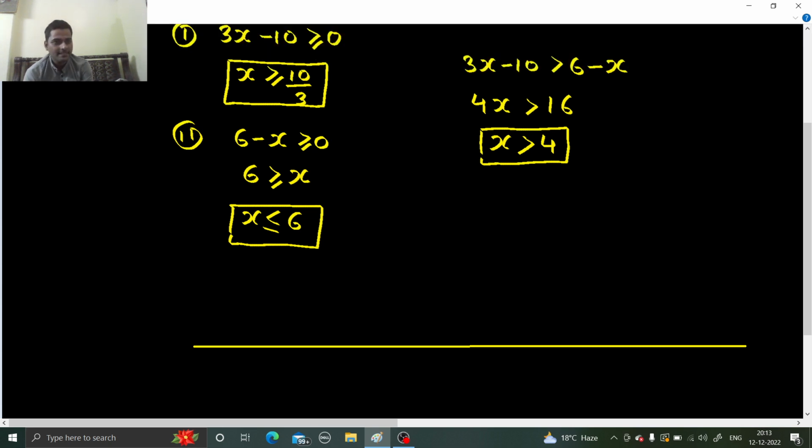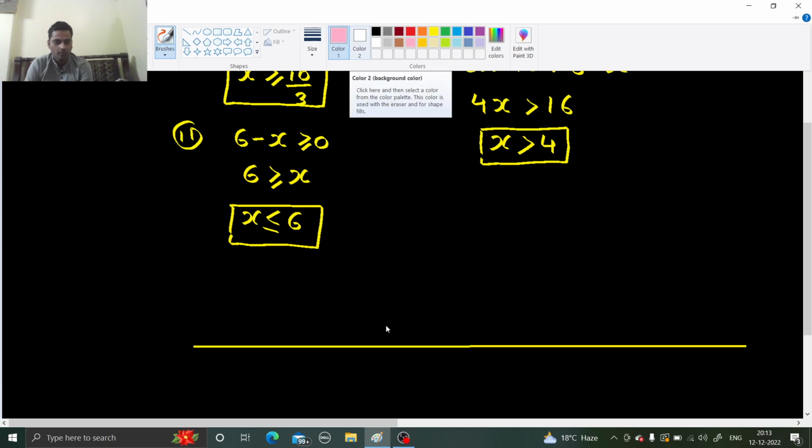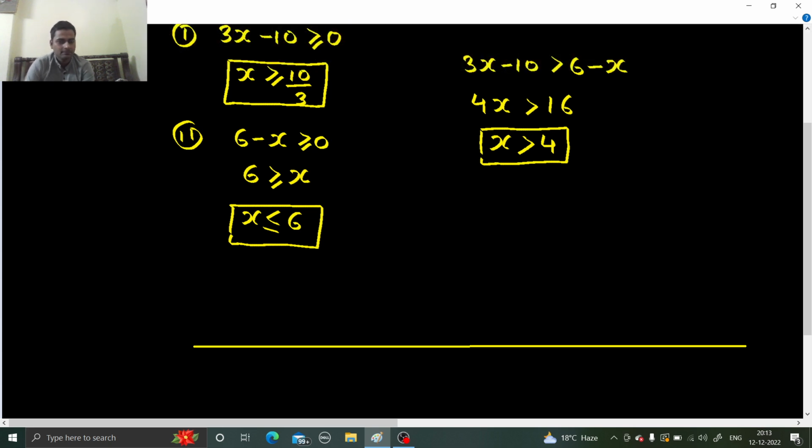First of all let's plot the points. What will be the points which we'll be considering? This is saying that it should be greater than 4. So here we have 4. It is saying it should be greater than 4, so let's draw it like this. This is plus infinity and this is minus infinity.